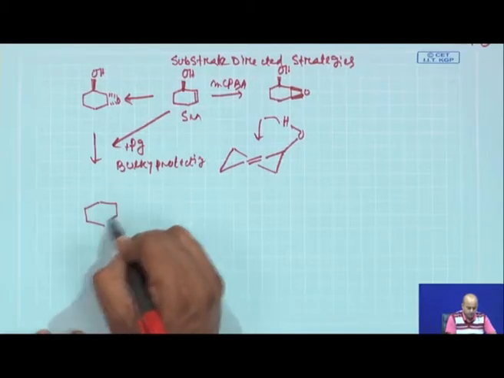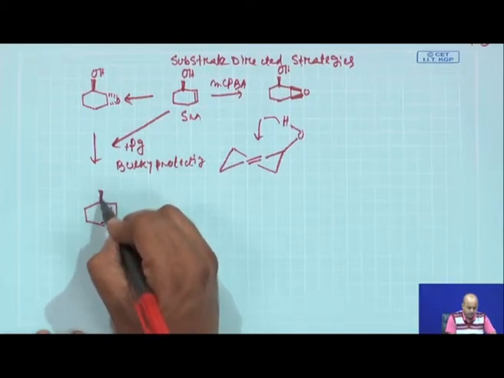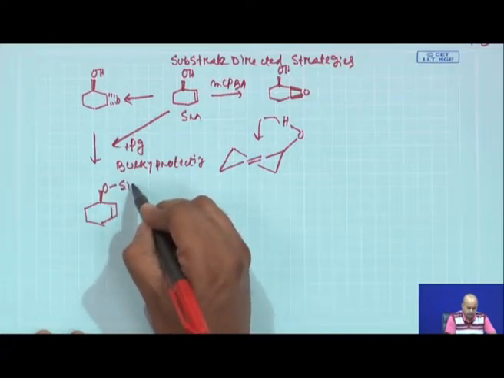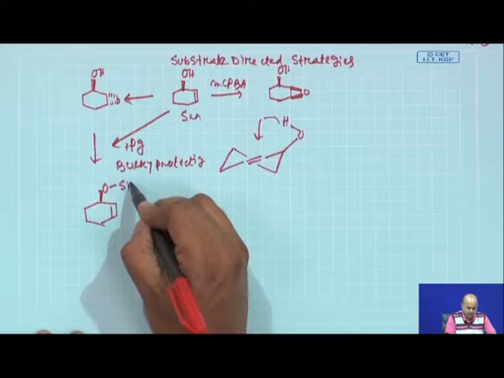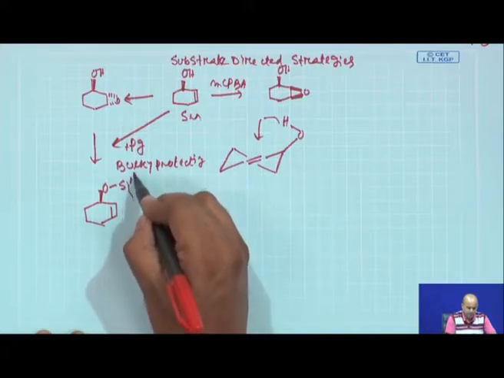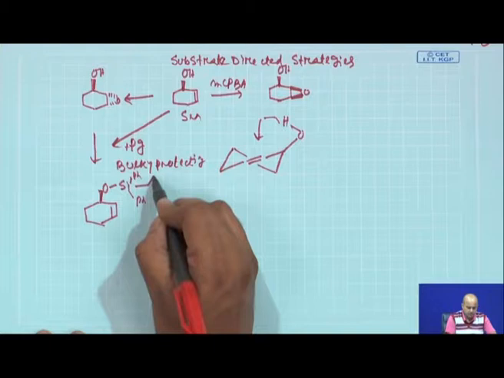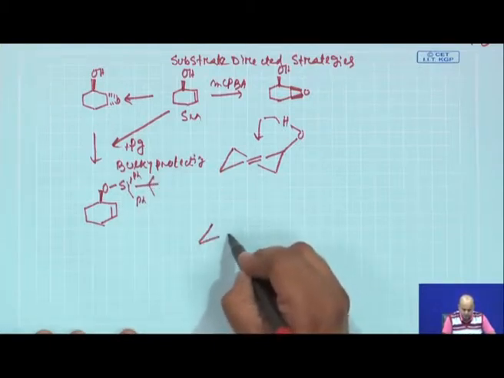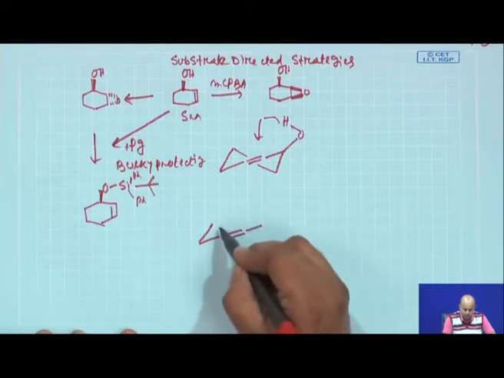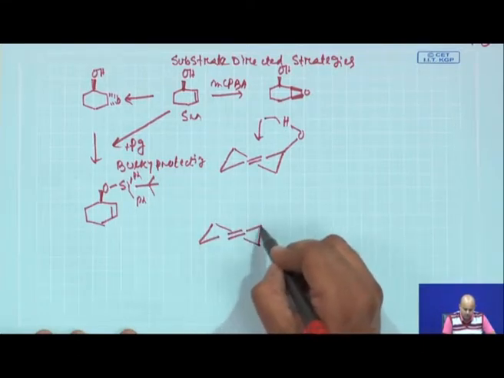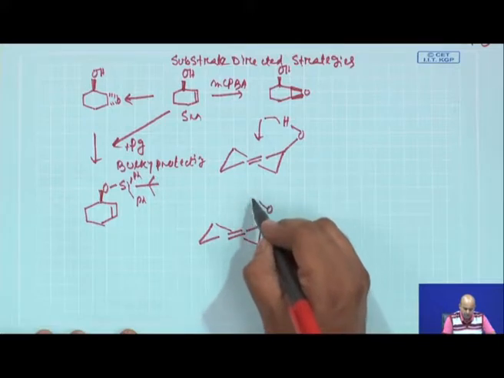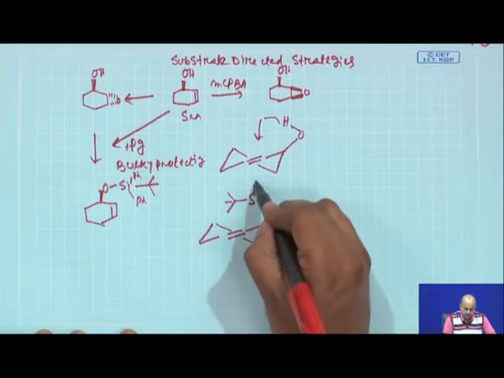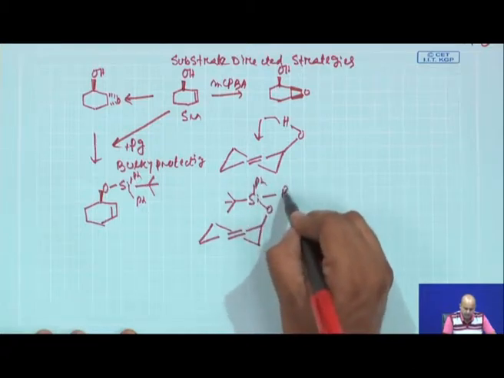You first protect this compound with a bulky protecting group like tert-butyldiphenylsilyl, TBDPS. Now try to draw its ground state half chair form. Now, you are basically having this Si, this tertiary butyl, this phenyl, this phenyl.